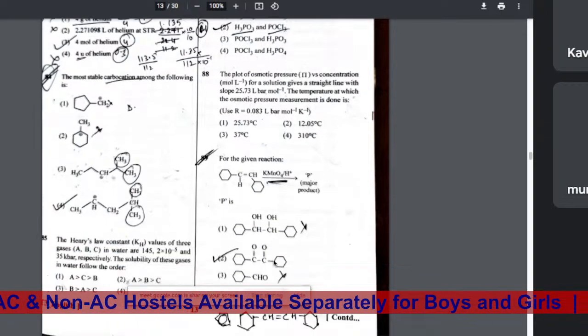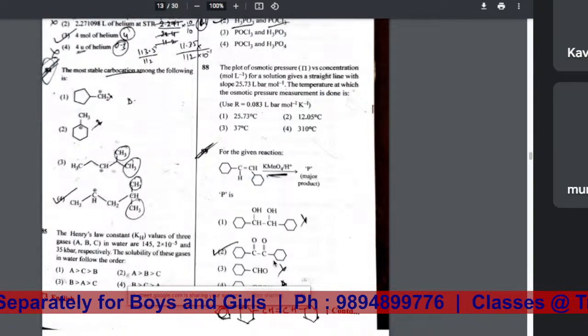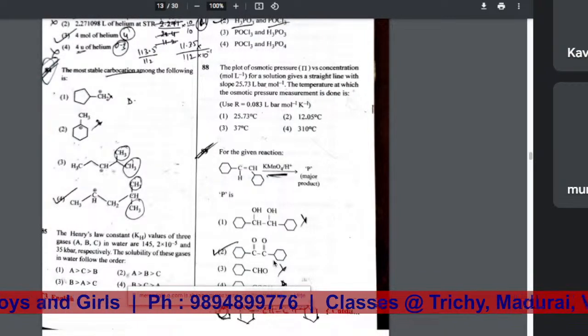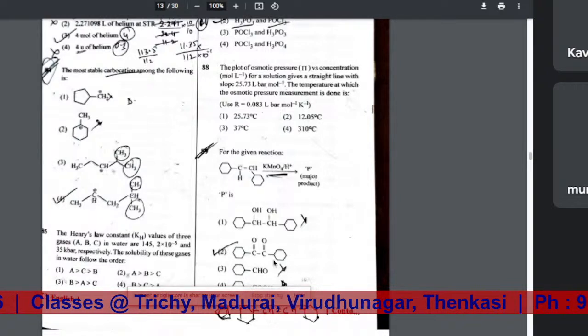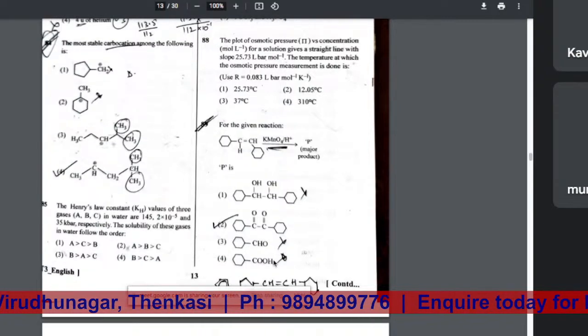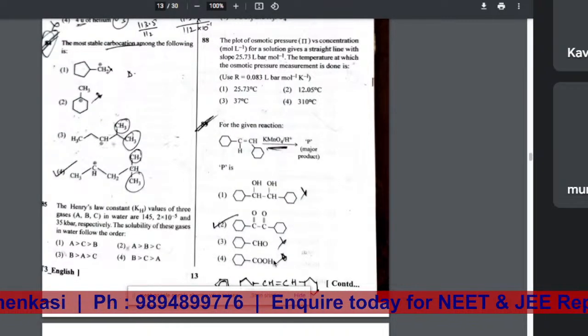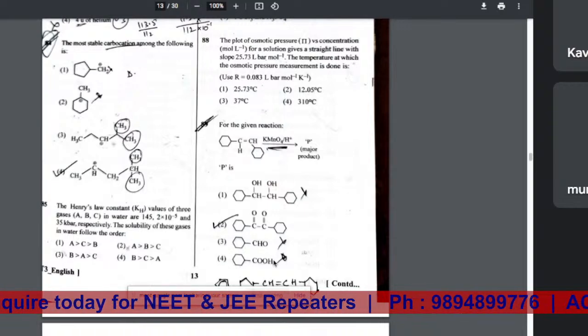Okay. Now next is the Henry law constant KH value of 3 gases A, B, C in water are 145, 2 into 10 power minus 5 and 35 kilobar respectively. The solubility of these gases in water follows the order. You should remember this question is from solutions, Henry law. The more the value of Henry law constant, the less its solubility.